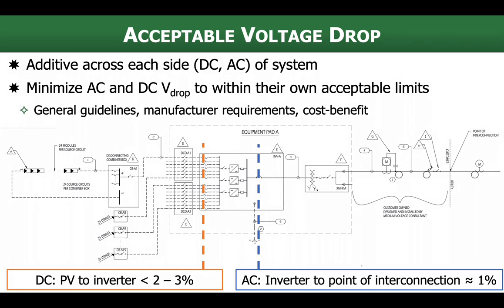General guidelines would be, hey, DC side of the system, 2 to 3% is kind of what we see targeted. Back in the olden days, I'm making air quotes, when PV modules were super expensive, maybe people would be taken aback by a 3% voltage drop. Larger systems these days, we see it being pushed even higher because it's that cost-benefit analysis of wires that are going to be sitting there all the time.